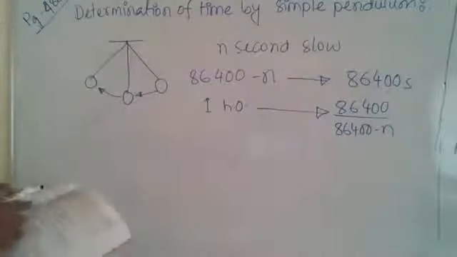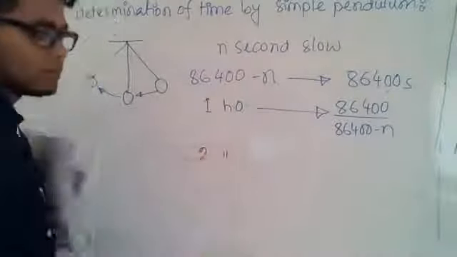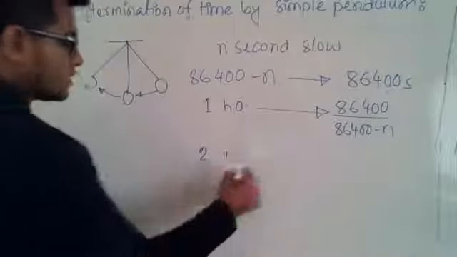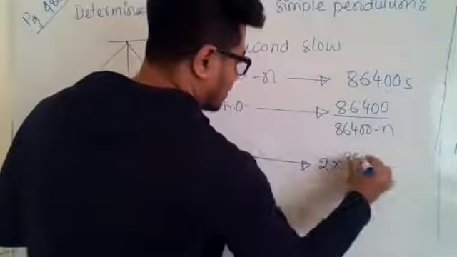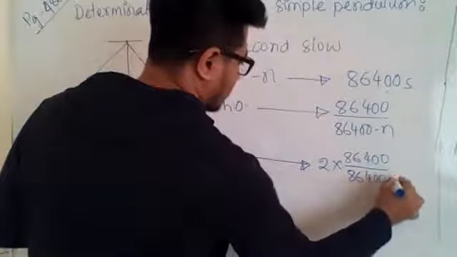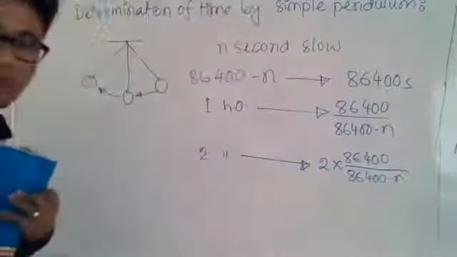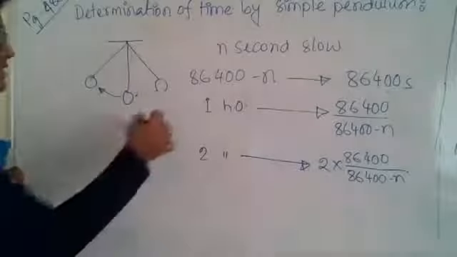Now the pendulum performs two half oscillations, which means one complete oscillation. So it will be 2 into 86,400 by 86,400 minus n.